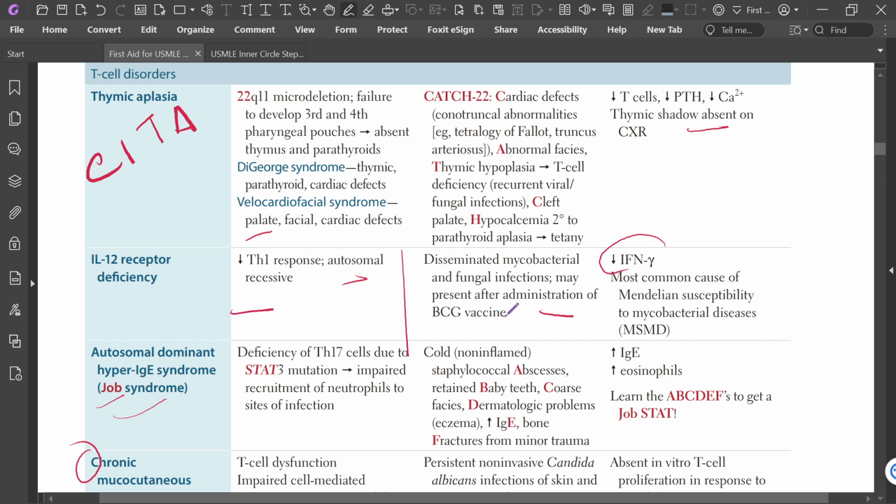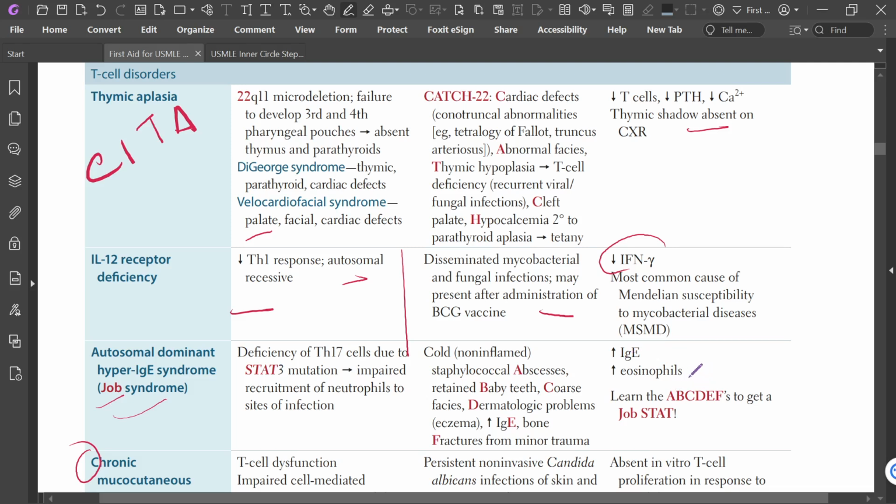There is cold, non-inflamed staphylococcal abscess, retained baby teeth, coarse faces, dermatological problem, eczema, and increased IgE, with bone fracture from minor trauma.